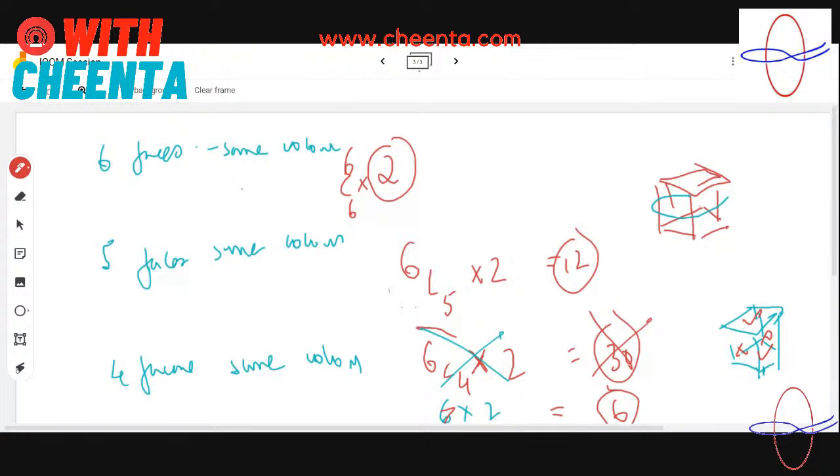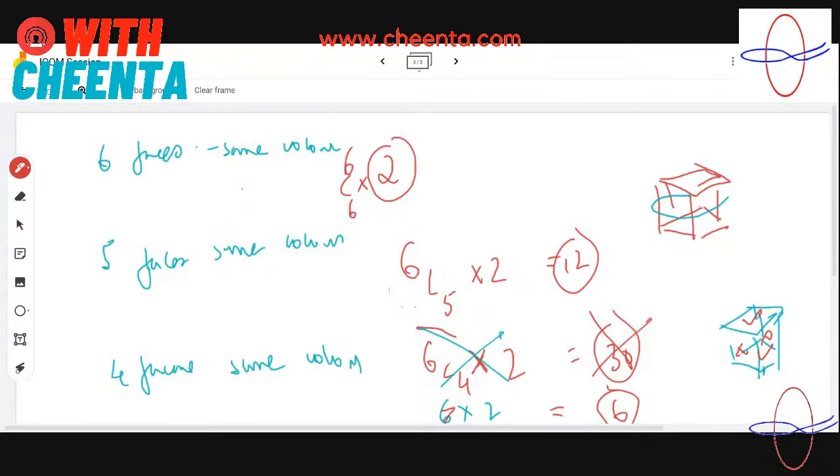So observe, if we color the six faces three and three, three blue and three red, then it is never possible to find such a configuration, okay? So we are leaving that. Therefore there are only three possible choices: six faces of the same color, five faces of the same color, and four faces of the same color. Now if you color all six faces the same, obviously there's an arrangement such that the four verticals are the same color.